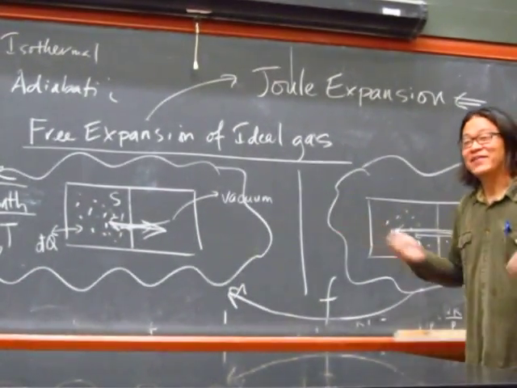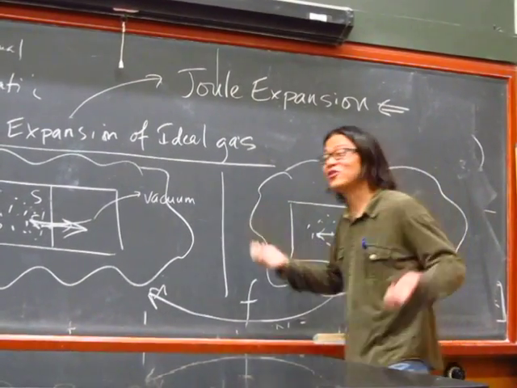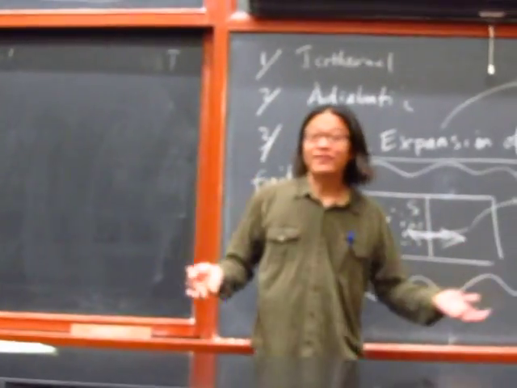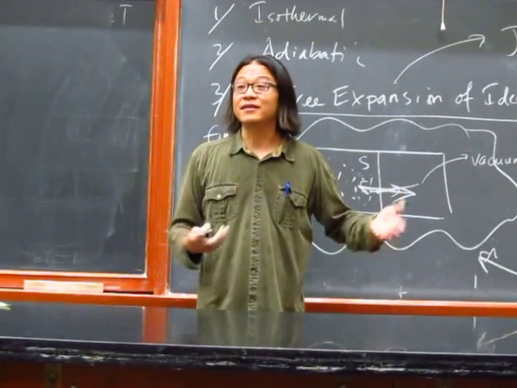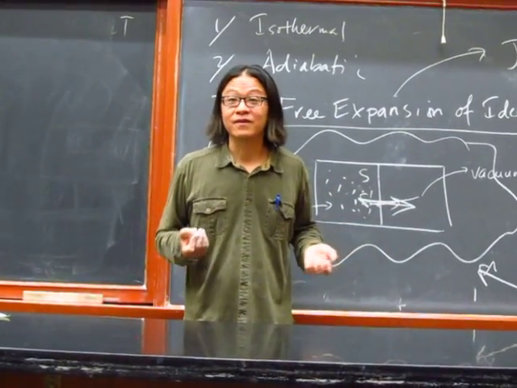So why is it not happening like that? It's a question you have to solve when you do statistical mechanics. But in practice, in reality, it never happens. Therefore, it's not reversible.